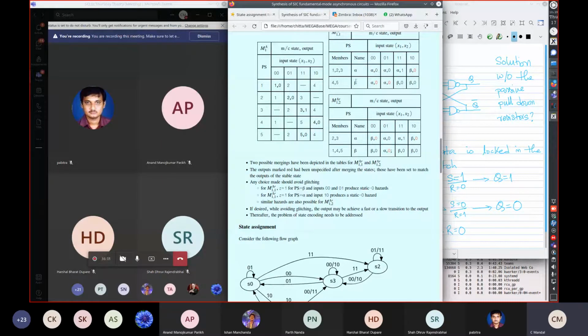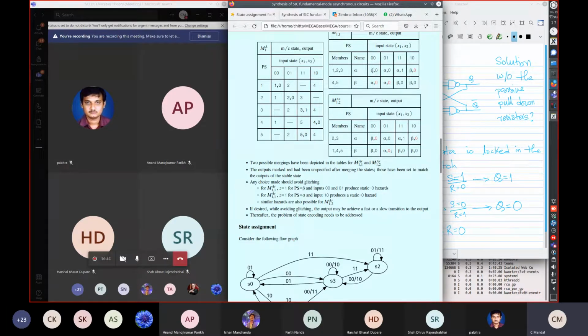Whenever you are in beta, the output is 0. So let us consider this. Let us say the stable output is 0 when you're in alpha.